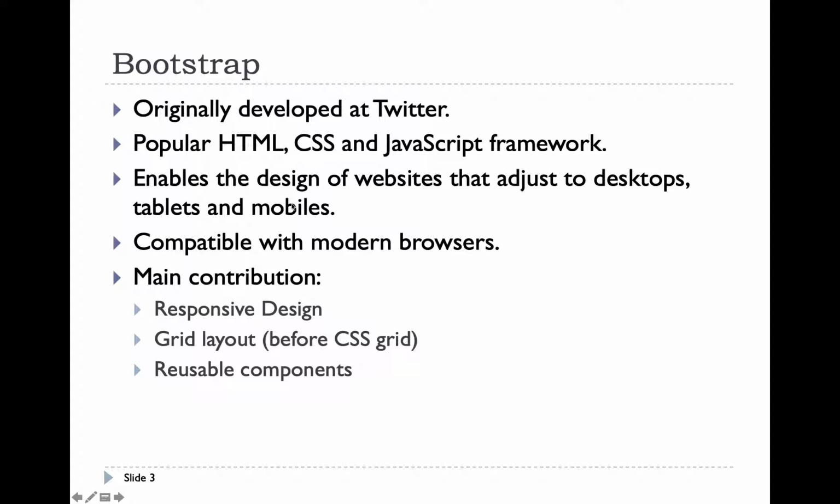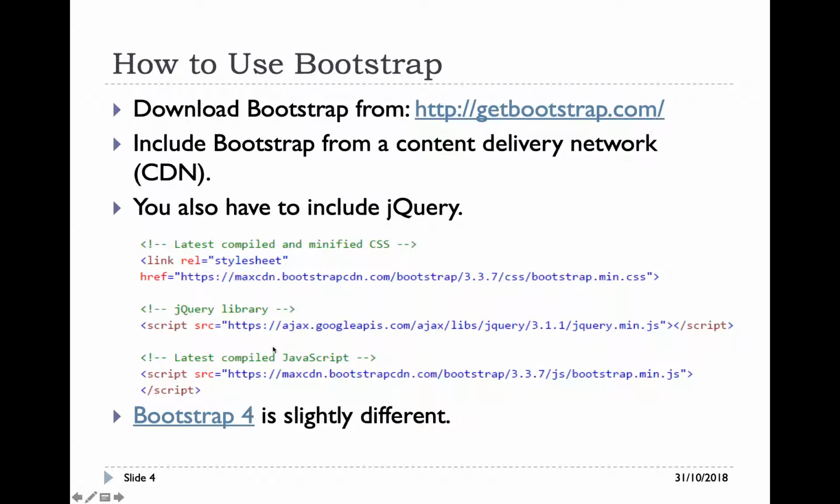When it was first released, quite a few years back, responsive design in the browser, the media query itself, was only just starting, and grid layout was not supported yet. So these are the two main things it was designed to support: responsive design and the grid layout.